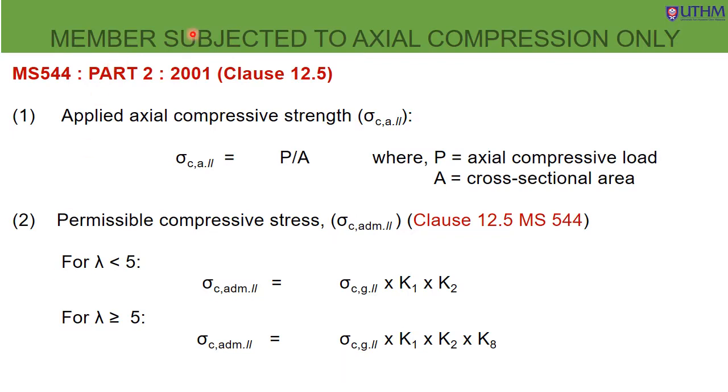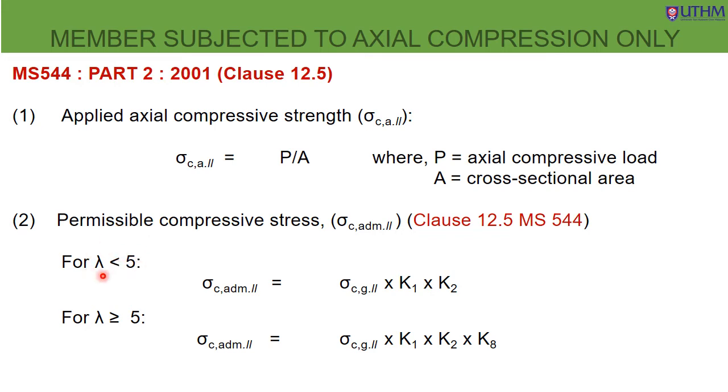For members subjected to axial compression only, we calculate the applied axial compressive stress as P over A, where P is the axial compressive load divided by the cross-section area. And then we compare with our permissible compressive stress. For permissible compressive stress, there will be two situations.